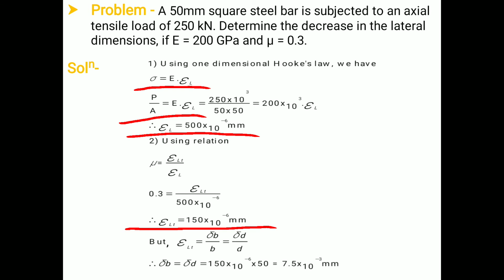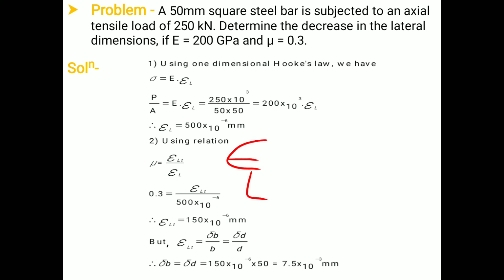But all of you know that lateral strain is nothing but a change in its lateral dimension. That lateral dimension may be its width or its thickness or its diameter, etc. Therefore, we have epsilon lateral is equal to change in width upon original width, which is equal to change in depth upon original depth.